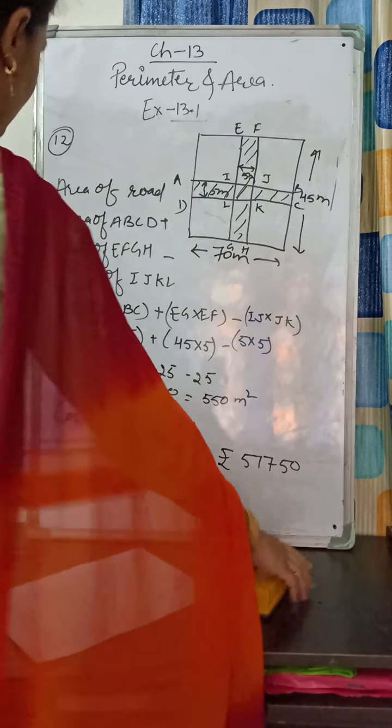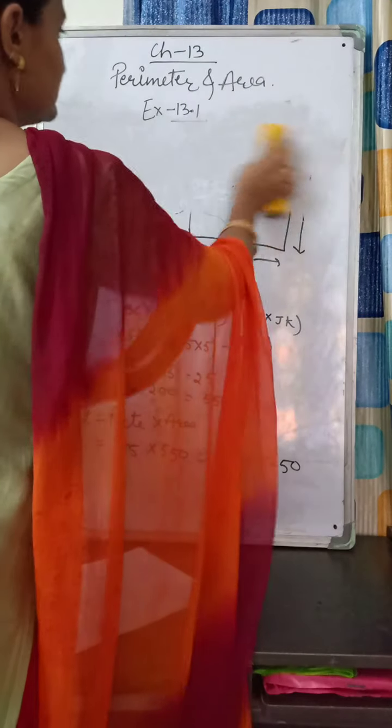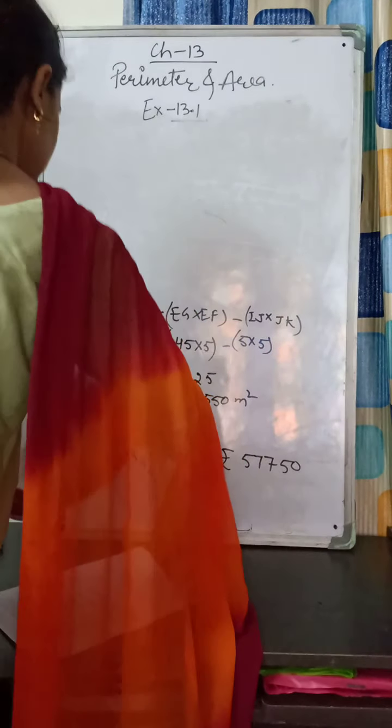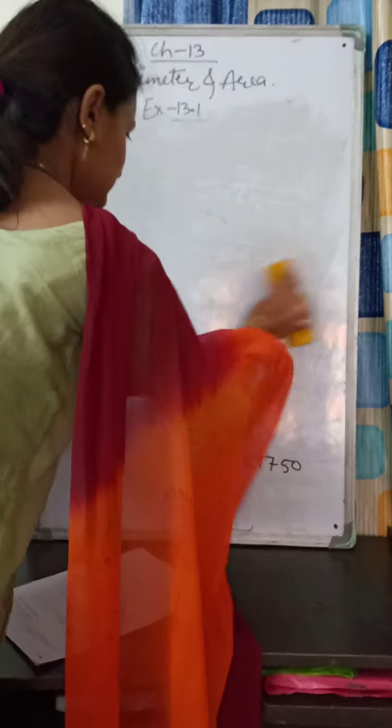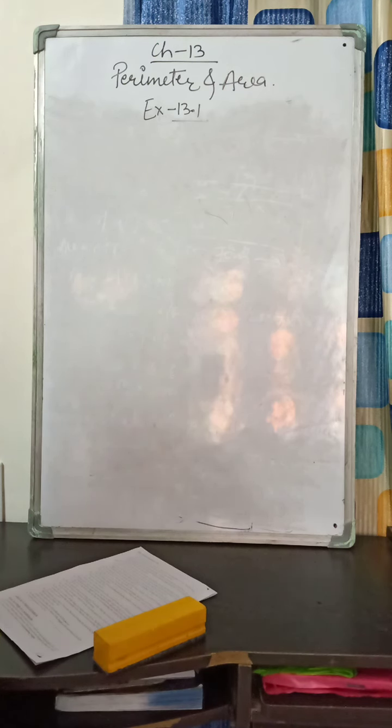Now the next question. Question number 13. A rectangular park is 10 meter long and 7.5 meter wide. Find the cost of covering the floor with carpet that is 1.25 meter wide, at 250 rupees per meter.